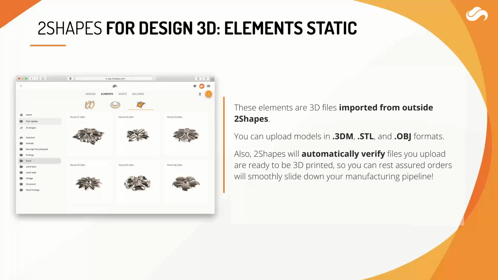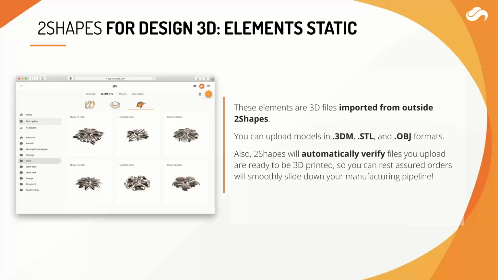Also you can add static elements. Imagine that you have files from another CAD system or in Rhino and you want to upload them. You can upload them just by dragging. You drag the files and it automatically verifies if the file is ready for print and automatically does all the renders for you. Really nice.